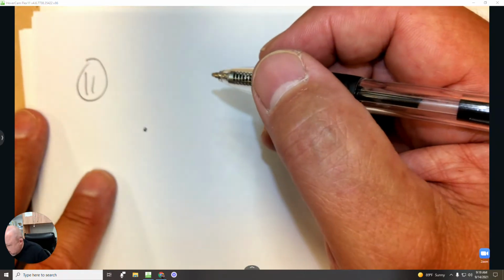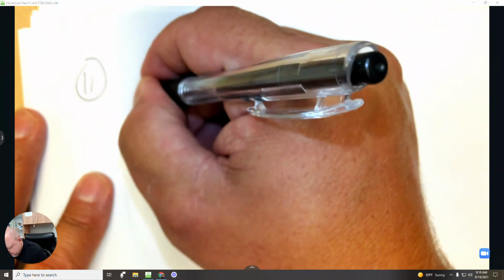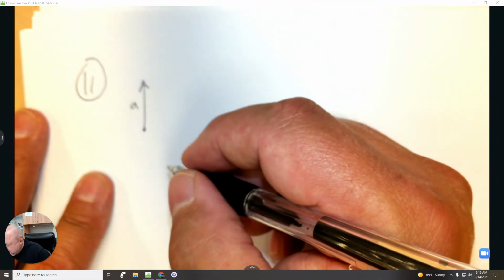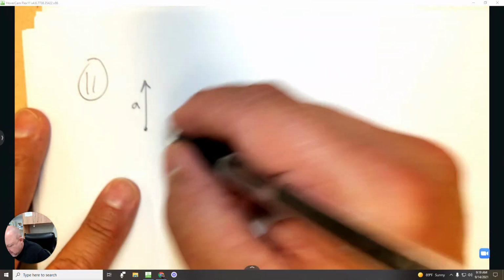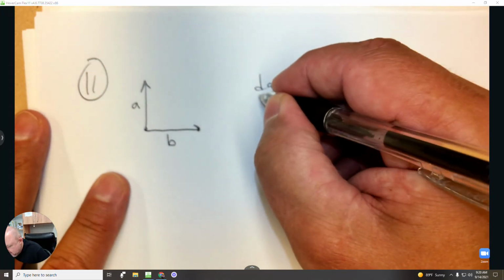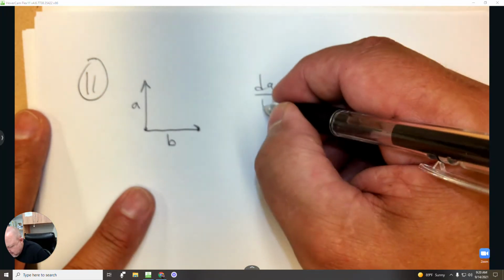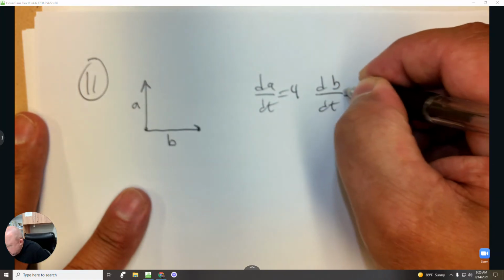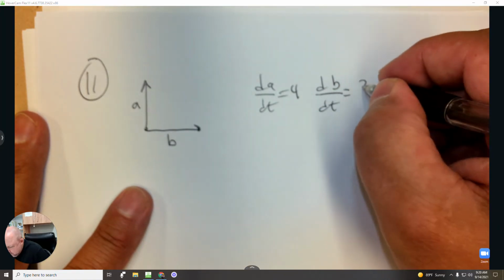One runs along the sideline, and the other runs along the 50-yard line. So it kind of has this. So one is running at a rate of 4 yards. The other is running at a rate of 3.